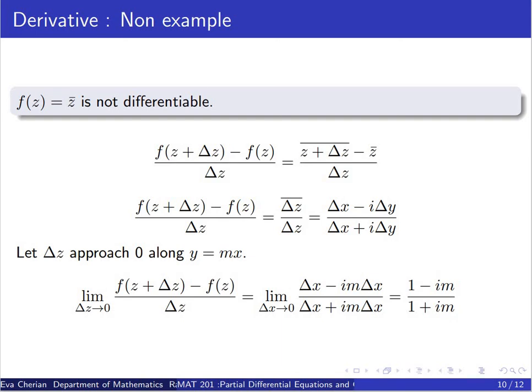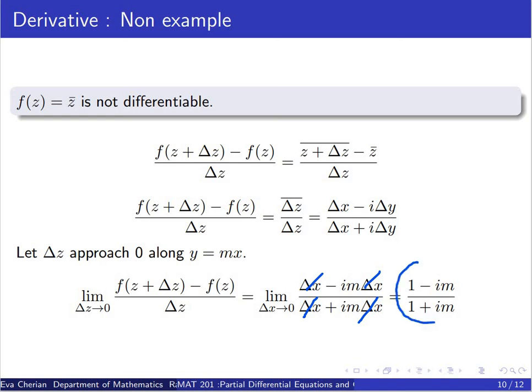So letting delta z tend to 0 along y equal to mx, we get limit delta x tends to 0, (delta x minus im delta x) divided by (delta x plus im delta x). Again, we can cancel out delta x from the numerator and the denominator and we are left with (1 minus im) divided by (1 plus im).